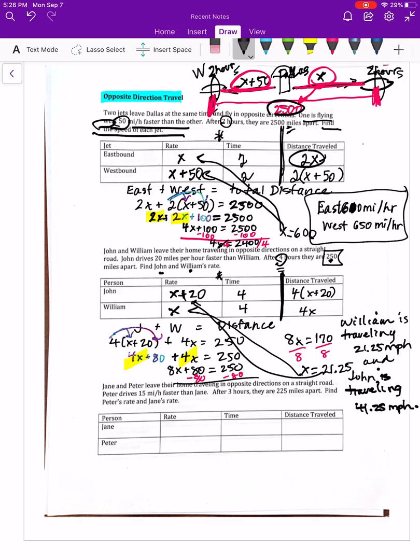You need to know all of them for quizzes and tests. So consecutive integer, perimeter, opposite direction, same direction. And each of them have unique setups. You need to know the setups. Good luck.